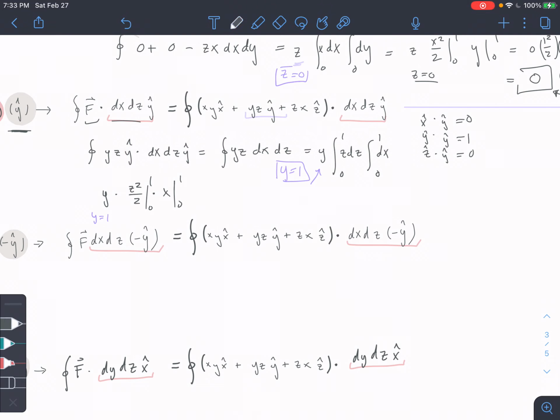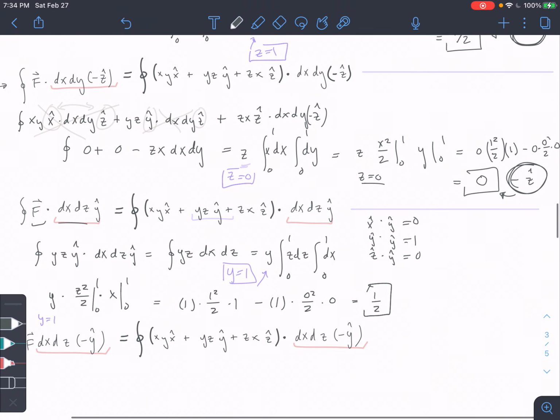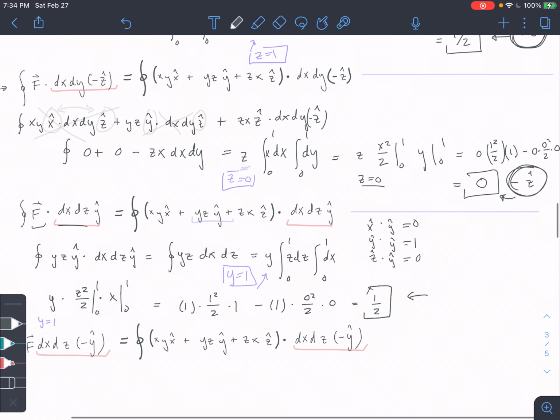Okay, so we crunch that part out, and we're going to end up with 1 times 1 squared over 2 times 1 minus 1 times 0 squared over 2 times 0, which is equal to 1/2. So we have 1/2 for this positive y piece, the positive y hat piece here.